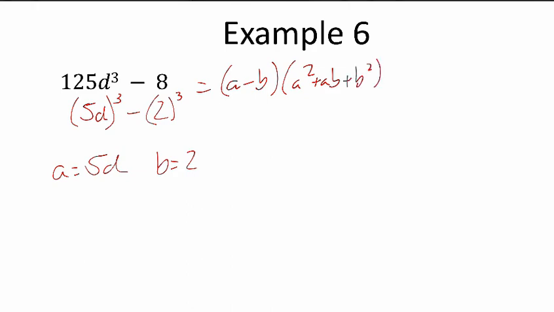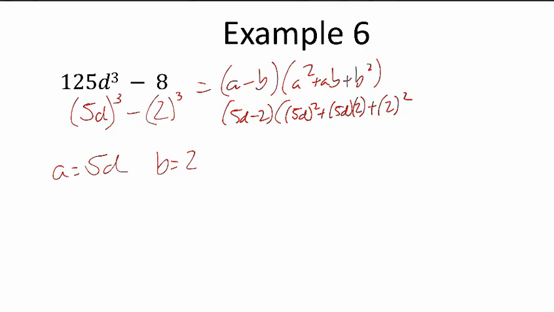So if we plug that in, we have 5d minus 2, and then 5d squared plus a, so 5d, times our b value of 2, plus our b value 2 squared.